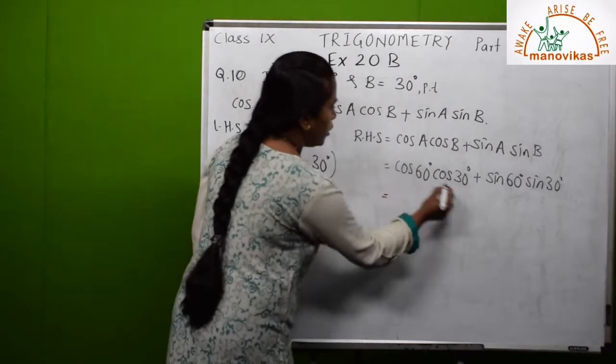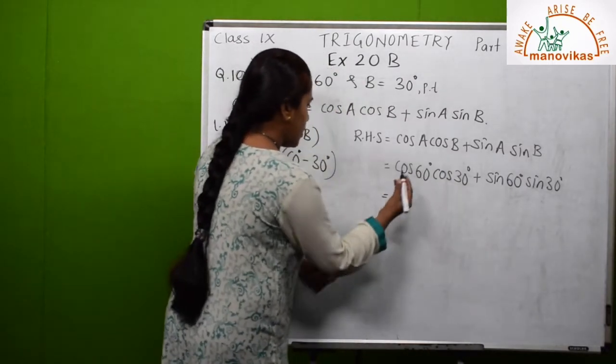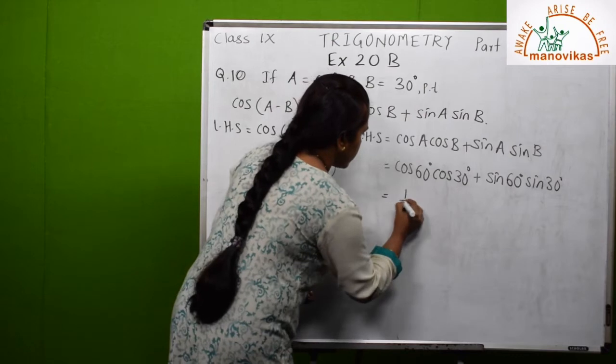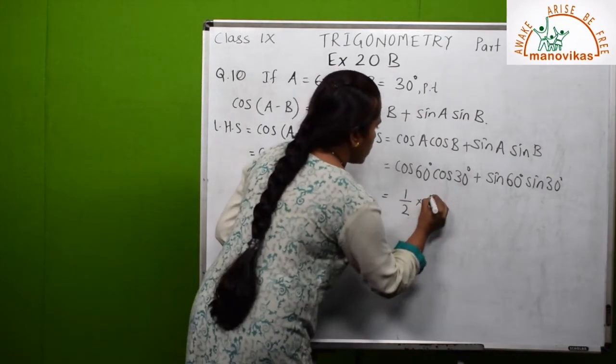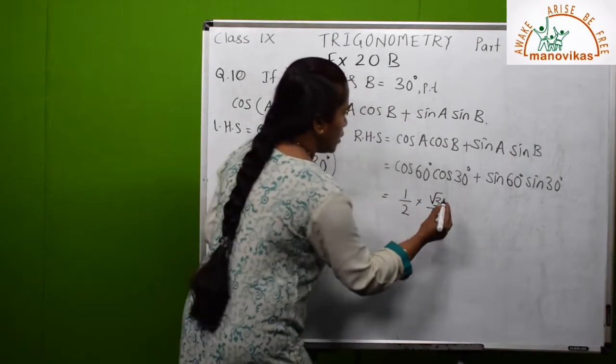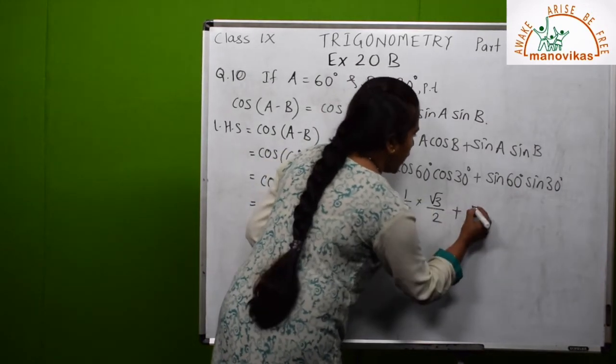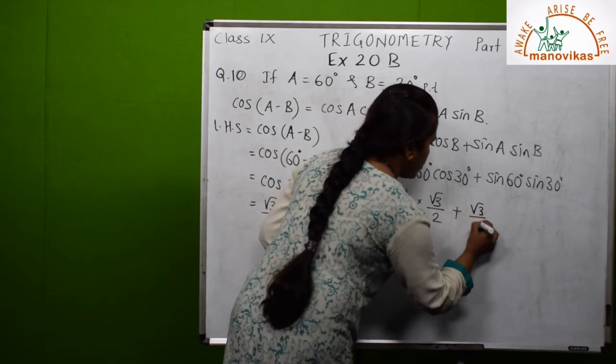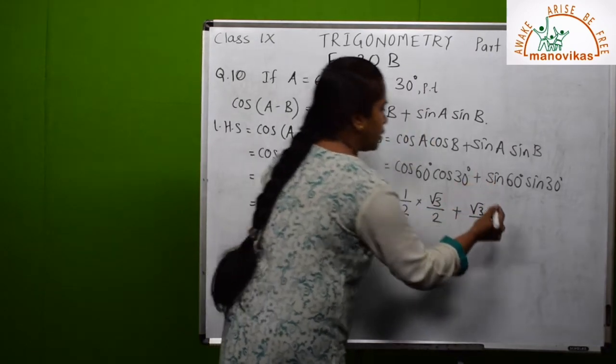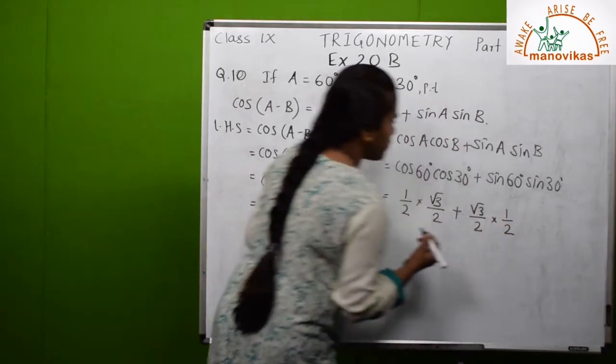Now substitute the values. Cos 60 is half, cos 30 is root 3 by 2, sin 60 is root 3 by 2 into sin 30, which is half.